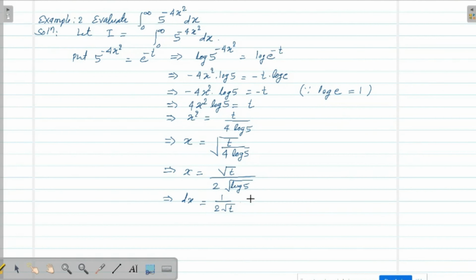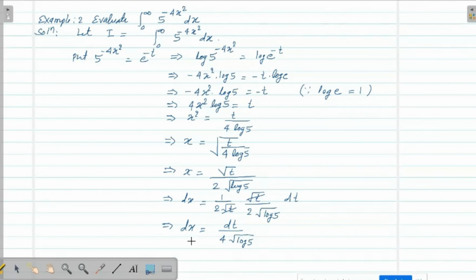Then root t divided by 2 square root of log 5 and dt, but root t will cancel. So this becomes dx equal to dt by 2 to the 4 square root of log 5.